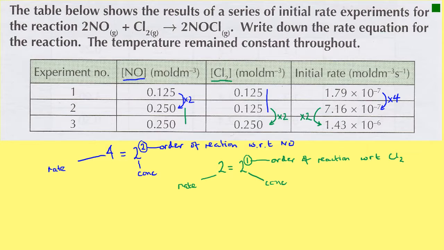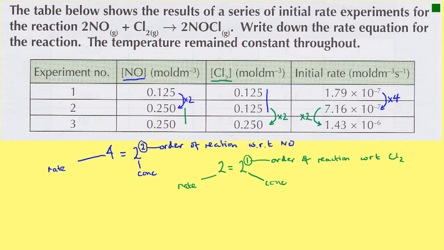So that has gone from 0.125 to 0.250. That's a doubling of the concentration. And you can see from here the effect that doubling has had on the initial rate. The initial rate has gone from 7.16 to 1.43 times 10 to the minus 6. And when you divide one by the other, you can quite quickly see that it's also doubling.